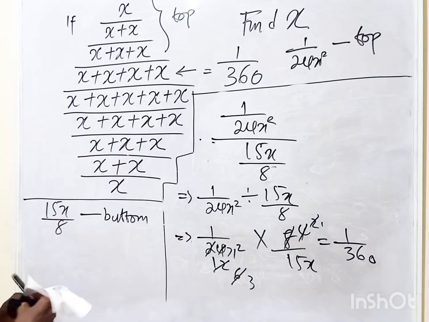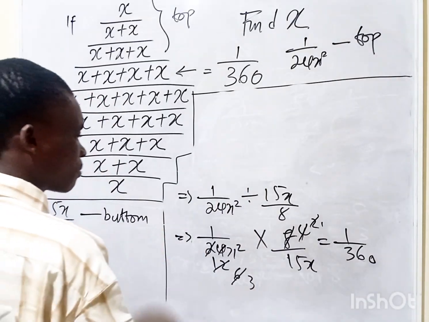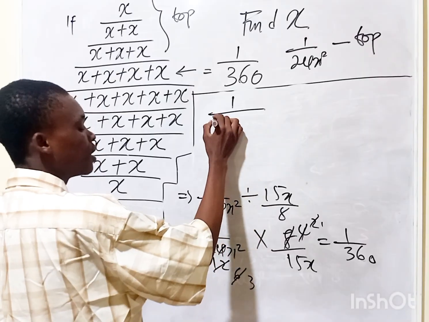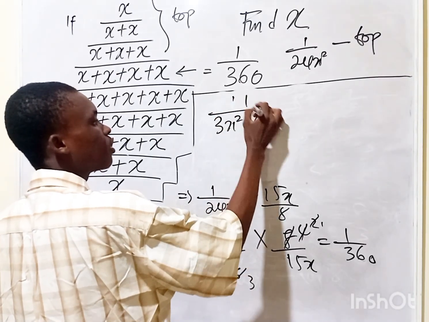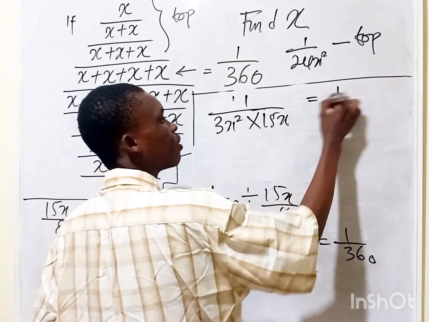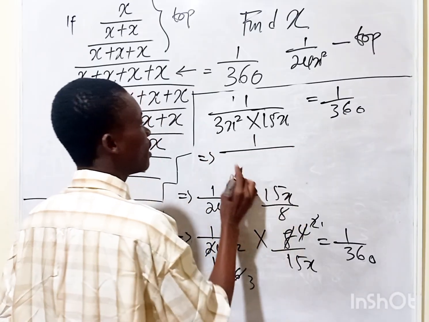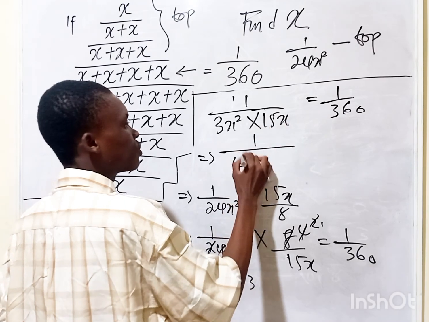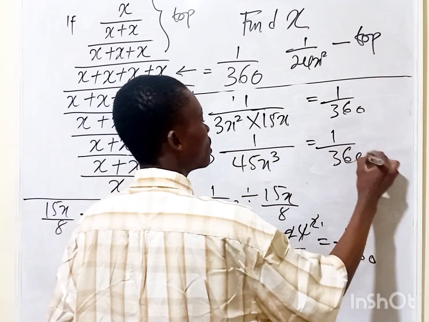So from here, we'll find out that this becomes 1 all over 3x squared times 15x, which equals 1 all over 360. So this implies that 3x squared times 15x gives us 45x cubed, equals 1 all over 360.